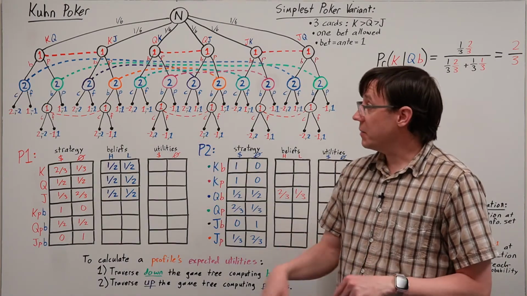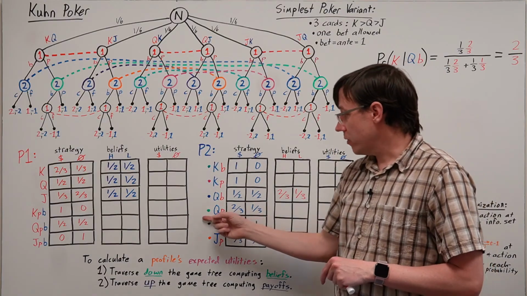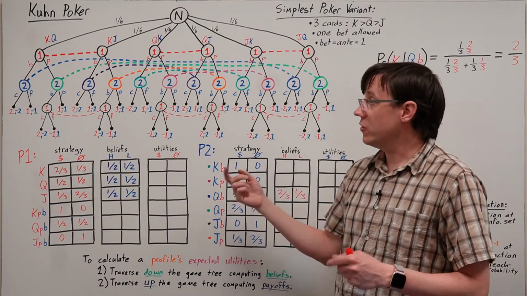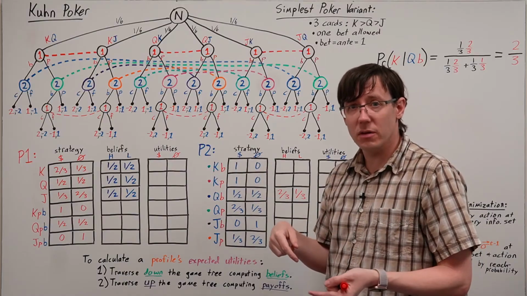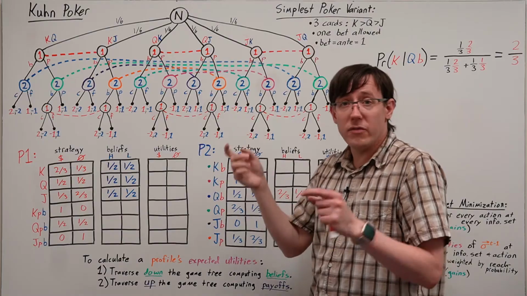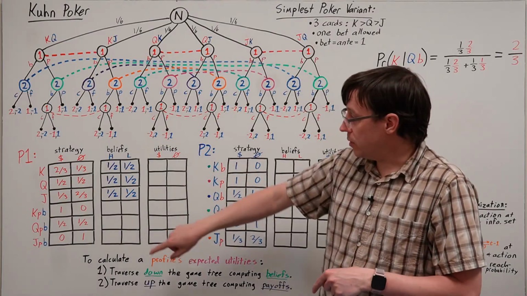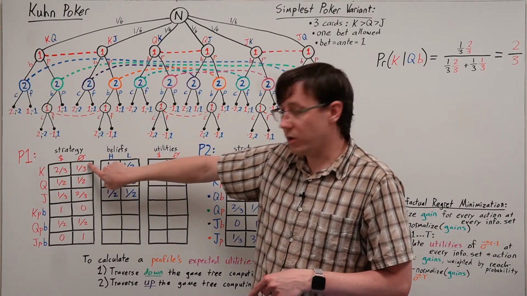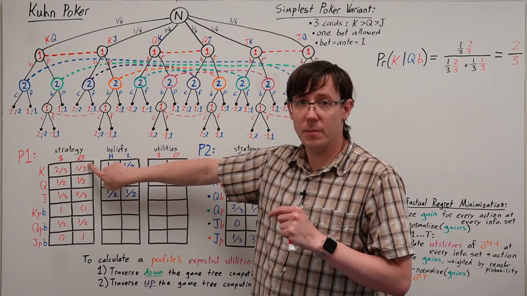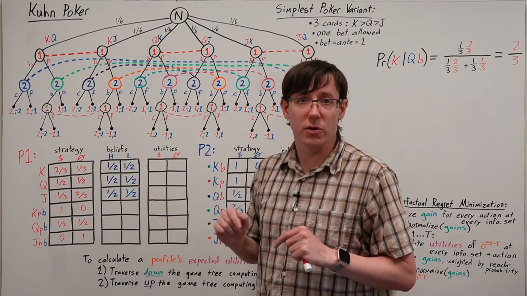And if we do the same calculation for the green information set, where player 2 was dealt a queen and then saw player 1 pass, there's still a 1/3 chance of player 1 having been dealt a king or dealt a jack, but now the probability that player 1 will pass with a king is 1/3, and the probability that they will pass with a jack is 2/3.